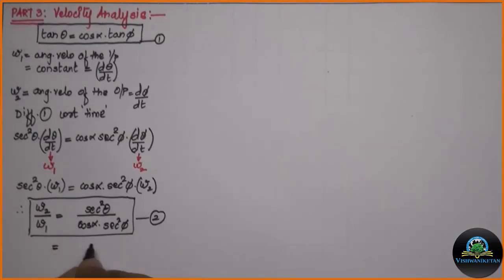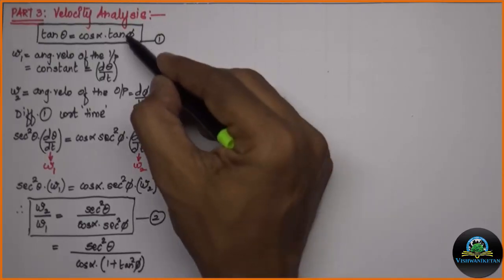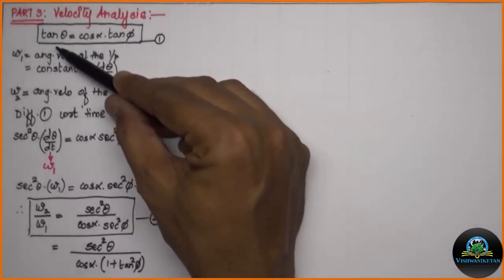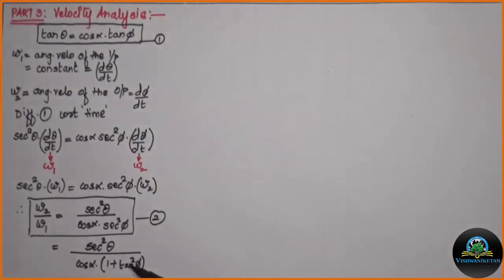Now, a simple mathematical adjustment: we could replace sec square phi by 1 plus tan square phi. This is basic trigonometry. Now, tan phi, from the first equation, is tan theta divided by cos alpha. What we want is tan square.